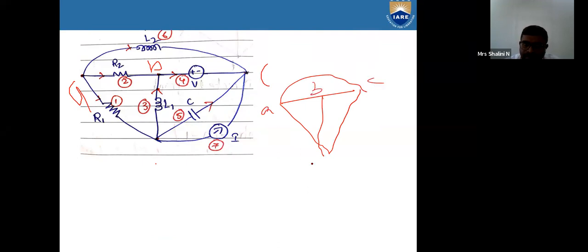Here the branches are 1, 2, 3, 4, 5 and 6.